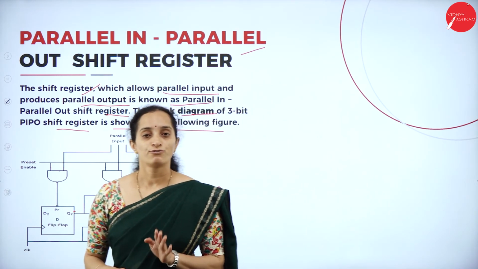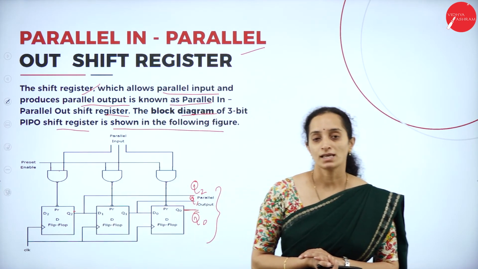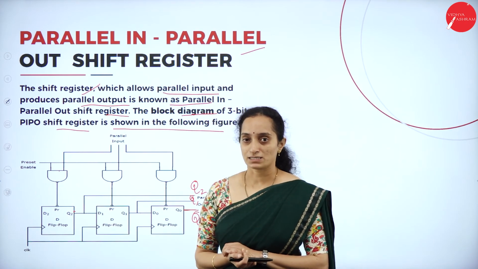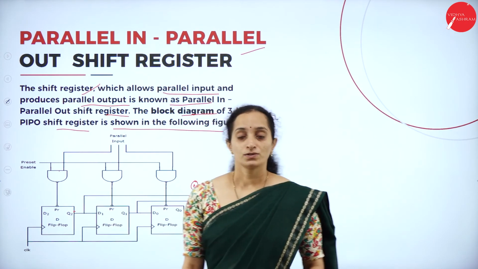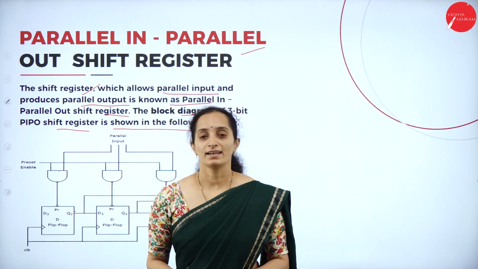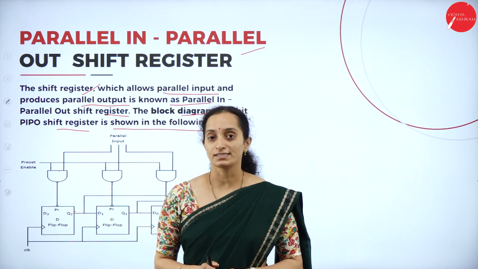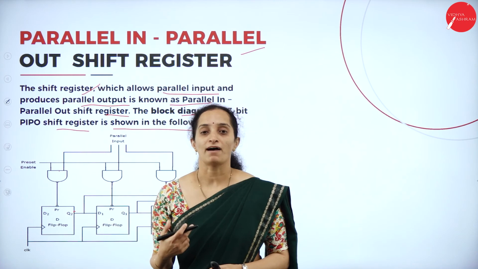These are the four types of shift registers that you can use in digital devices. Then what is the use of a shift register? These shift registers are usually used in calculators or digital devices which continuously change the value.